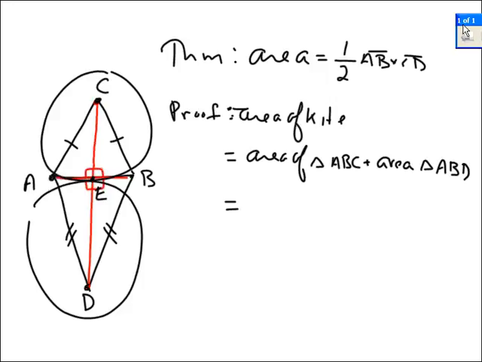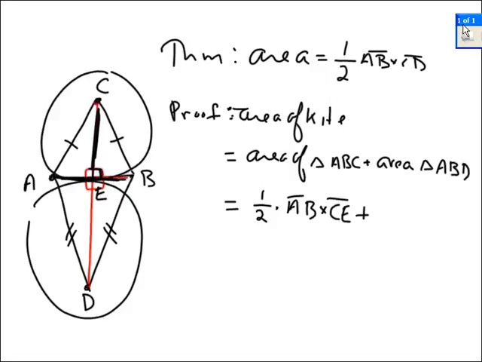Now, the area of the top triangle is 1/2 times the base, which is AB. And since this is a right angle, that's the height. 1/2 the base times the height. The height is CE. Plus the area of the lower triangle.